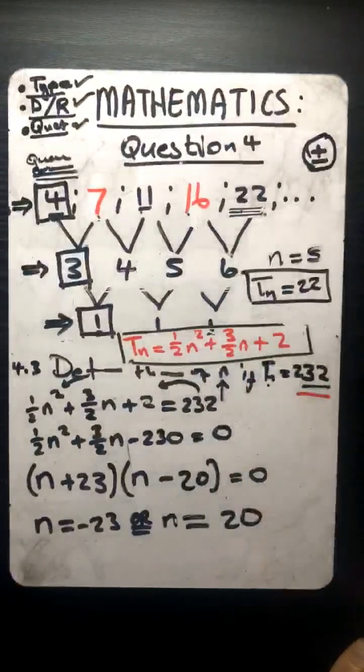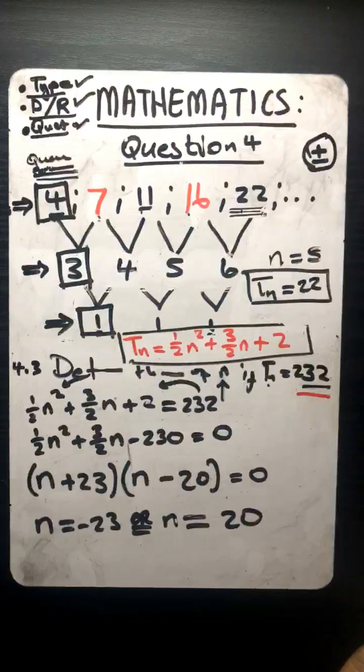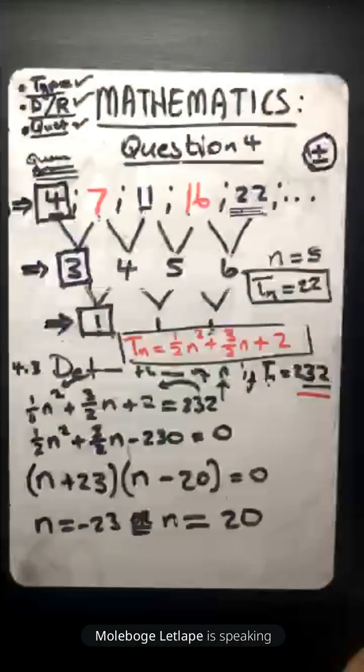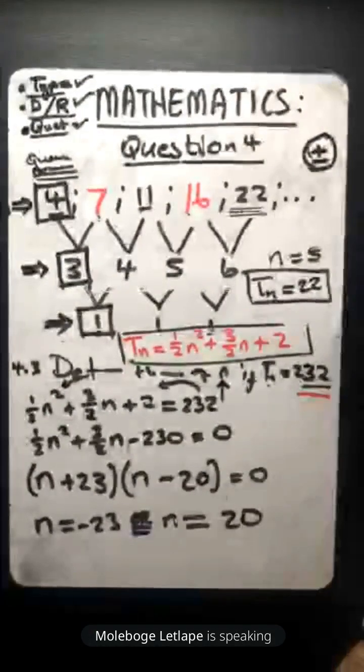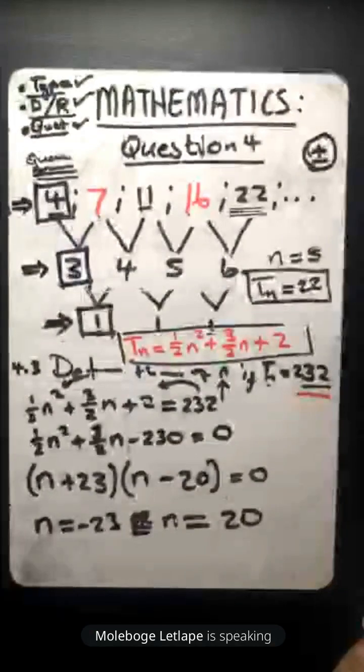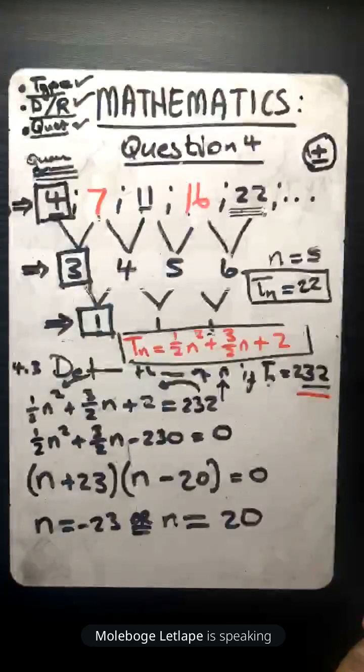I'm not sure if it makes sense, guys. Can I ask something while you are there? Yes. Are we looking for the position where, let's say, our position is equal to 232? Is that what we are looking for?